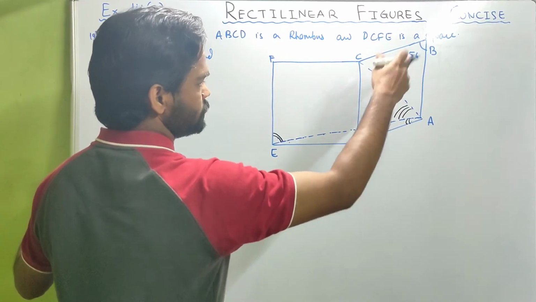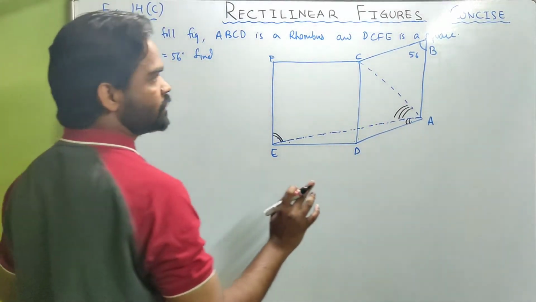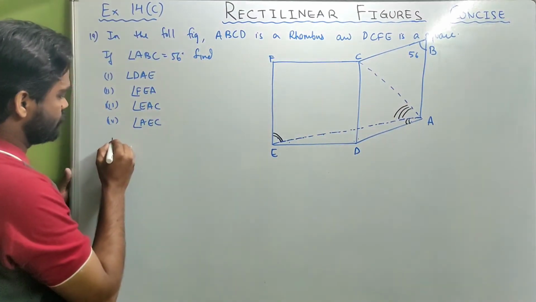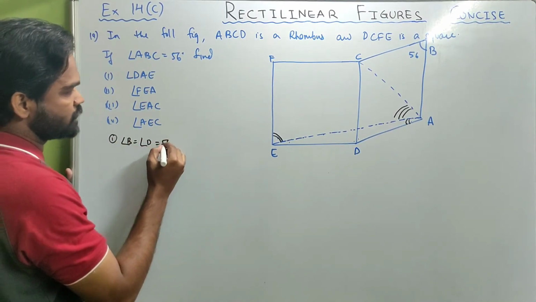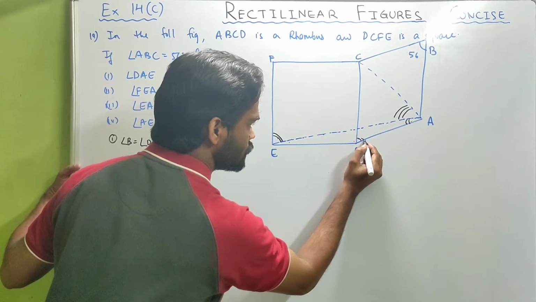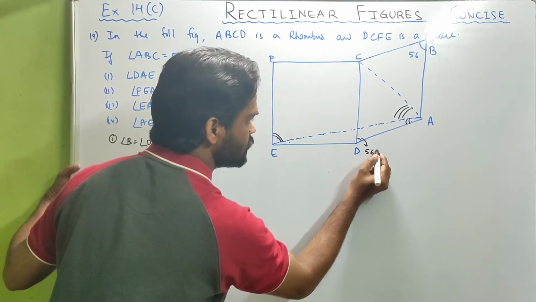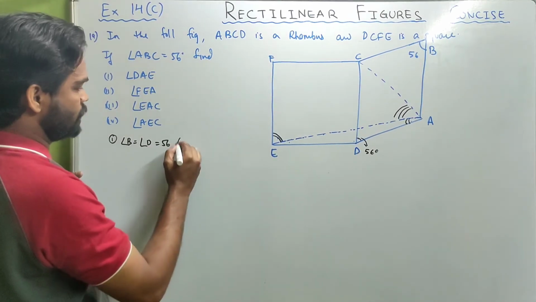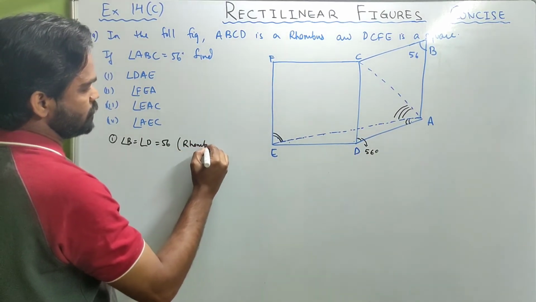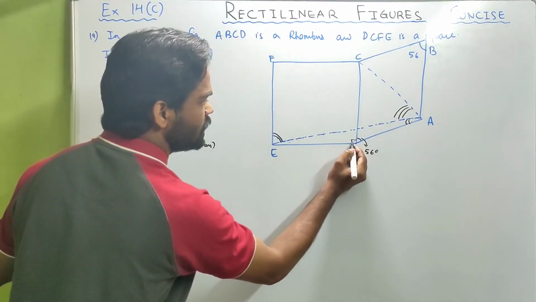It's a rhombus, which means angle B is equal to angle D, which is equal to 56. Just look carefully. So this is your 56 degrees, in the rhombus. This angle is 90, isn't it?